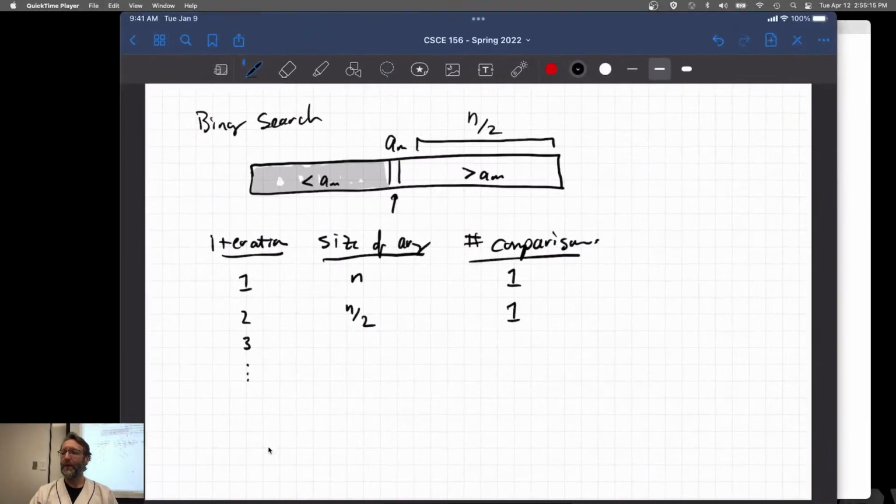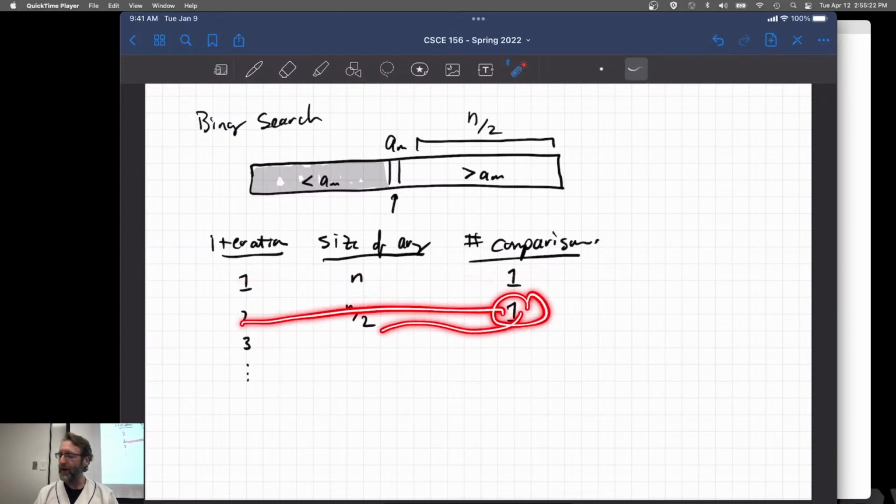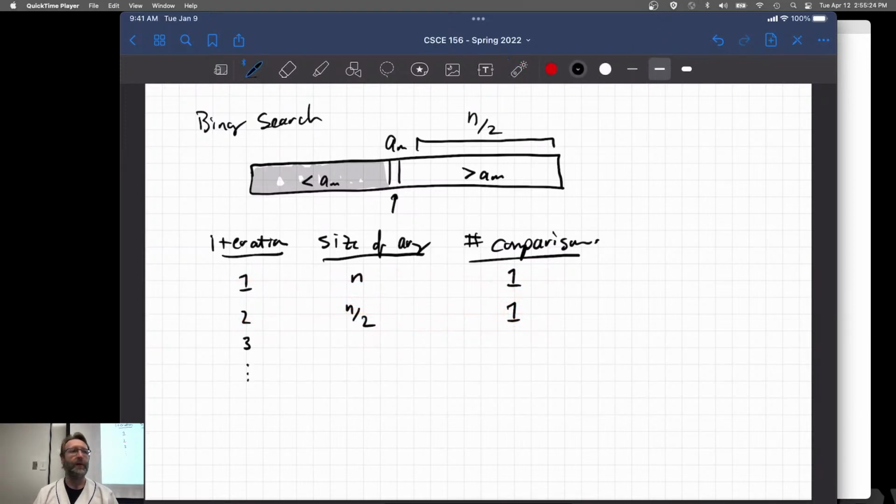So on the first iteration, there's one comparison to cut it in half. On the second iteration, there's one comparison to cut it into, how big is it now? N divided by 4. Fourth iteration, one comparison to cut it down to n divided by 8, and so on.